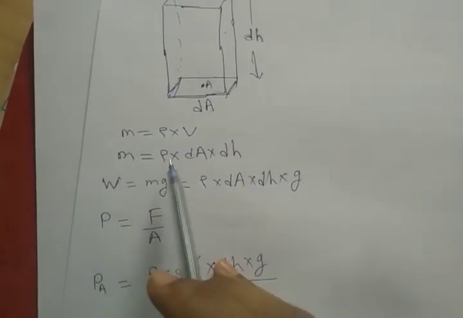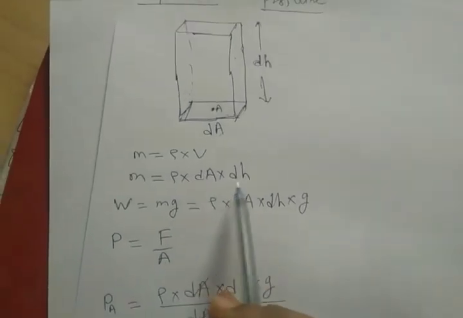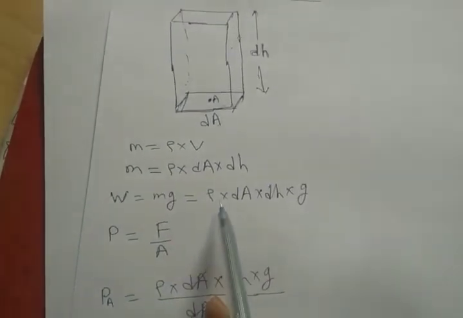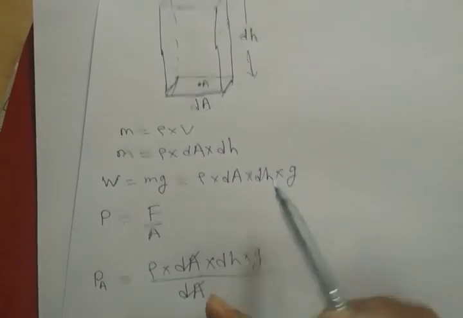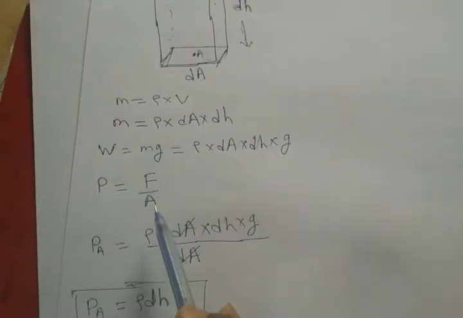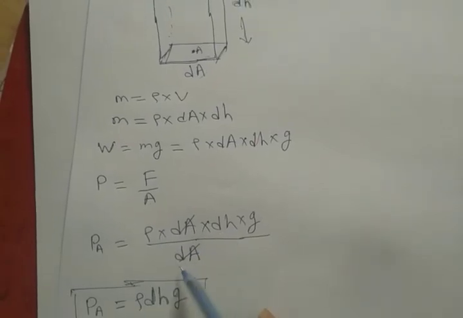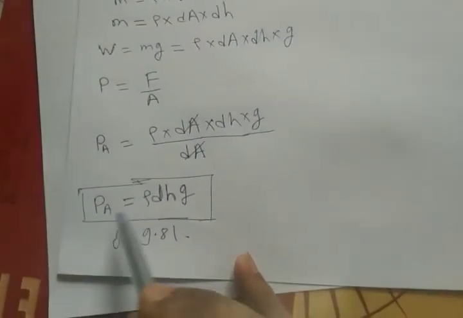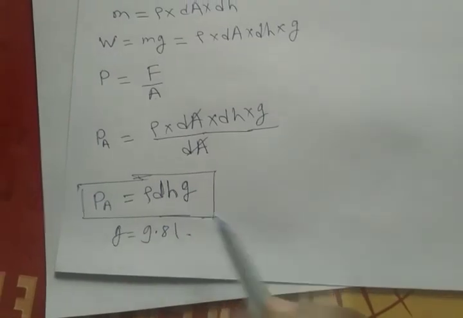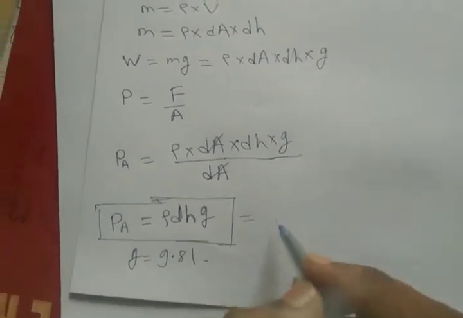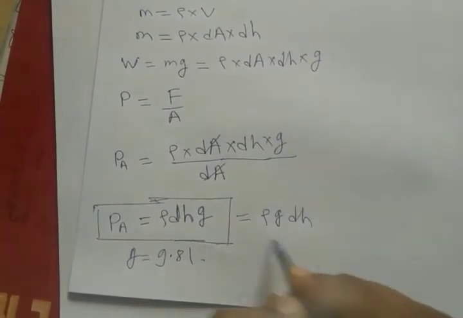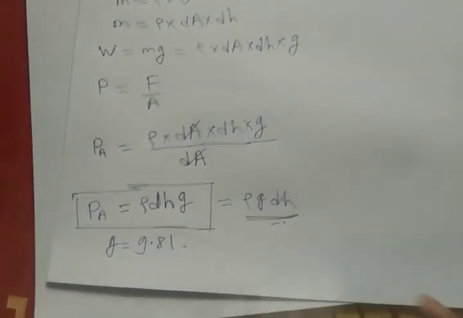Volume is dA into dh. So weight is mg, equal to rho into dA into dh into g. Pressure is equal to force by area. So pressure at point A will be force divided by area. So dA gets cancelled, we get PA equal to rho g dh. So this is the hydrostatic pressure.